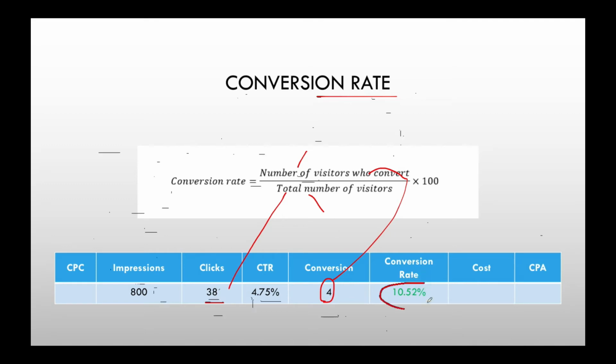That is our conversion rate. That means for every 100 clicks that my ad gets, the chances of people getting converted is between 10 and 11. So basically, if 100 people click on my ad, I'll get 10 or 11 conversions. That is what it means.